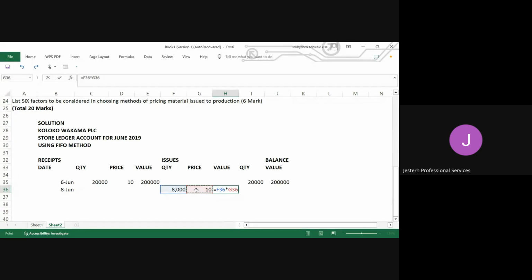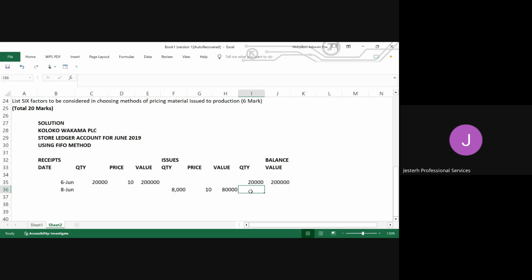It means they issue out 8,000 units at the rate of 10 naira, which value 80,000. First in, first out: whatever comes in first is what we are going to give out first, with the purchasing price. I hope we are on the same page.